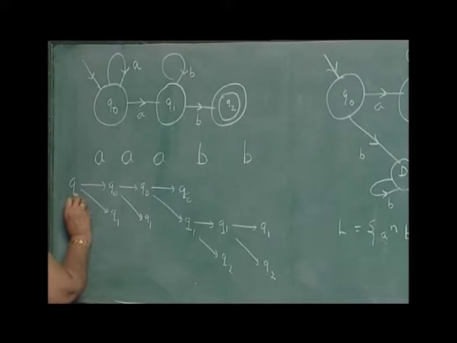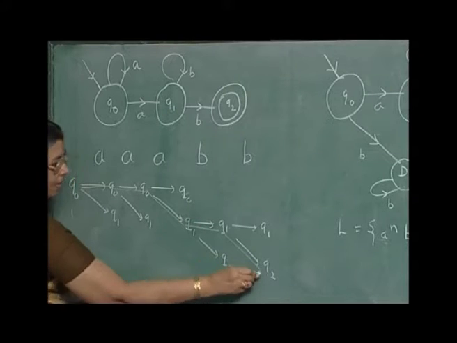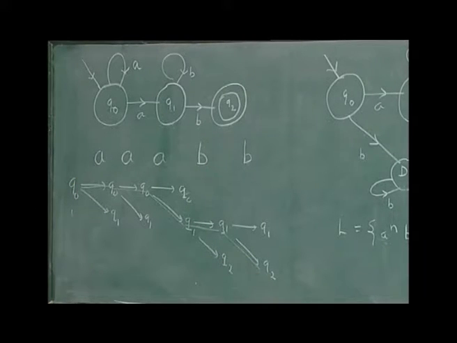So, the sequence of states which leads you to acceptance is here. This is the sequence of states which leads you to acceptance, Q naught, Q naught, Q naught, Q1, Q1, Q1. The other sequences may stop in the middle or it may go to a non-final state, does not matter.